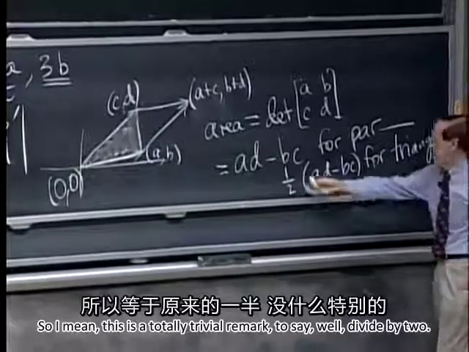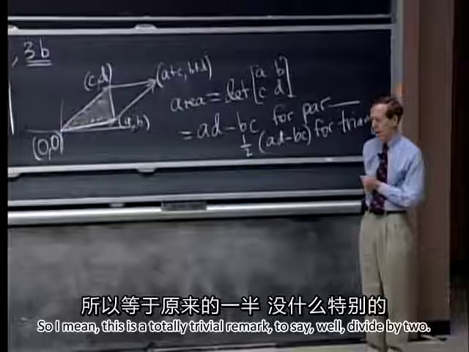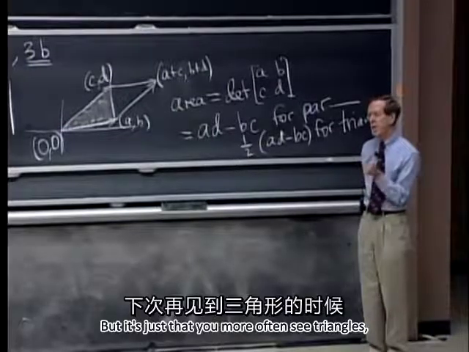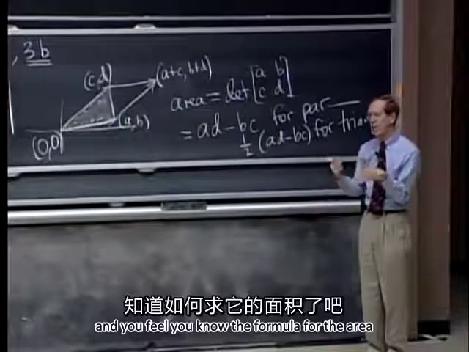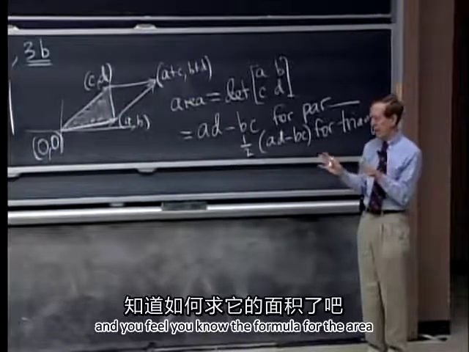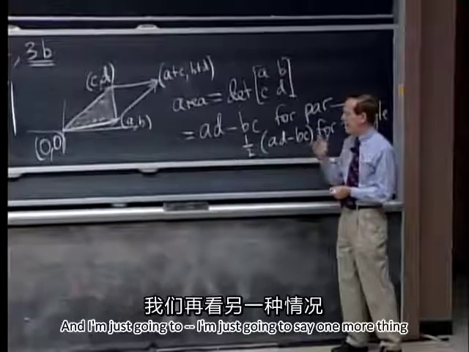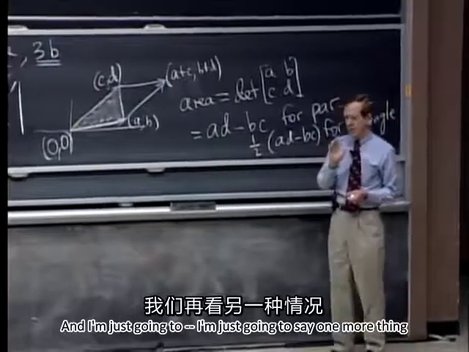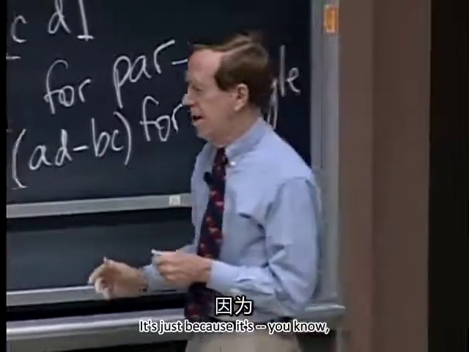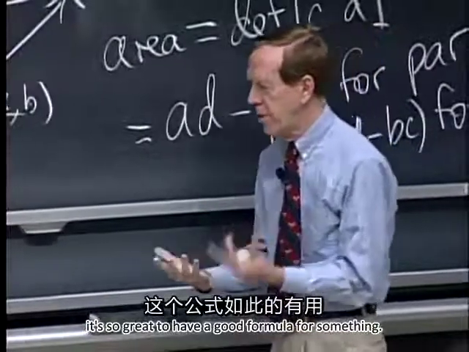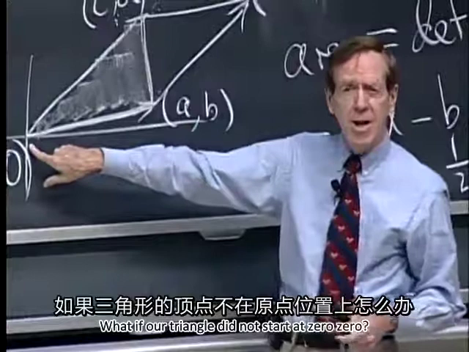This is a totally trivial remark to say, well, divide by 2. But you more often see triangles, and you feel you know the formula for the area, but the good formula for the area is this one. And I'm just going to say one more thing about the area of a triangle, just because it's so great to have a good formula for something. What if our triangle did not start at 0, 0?